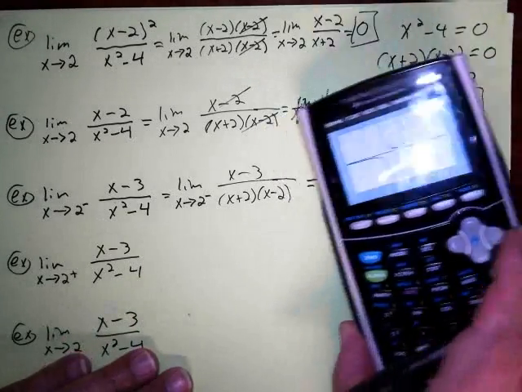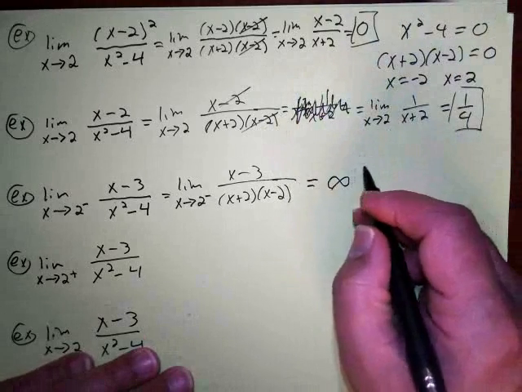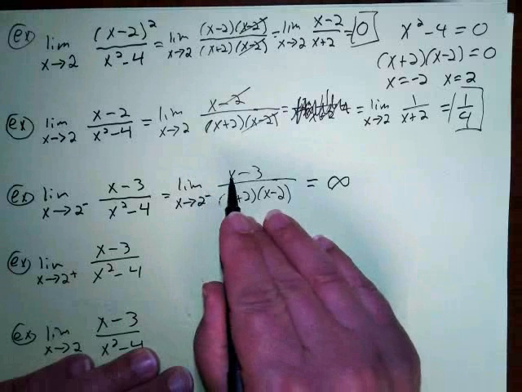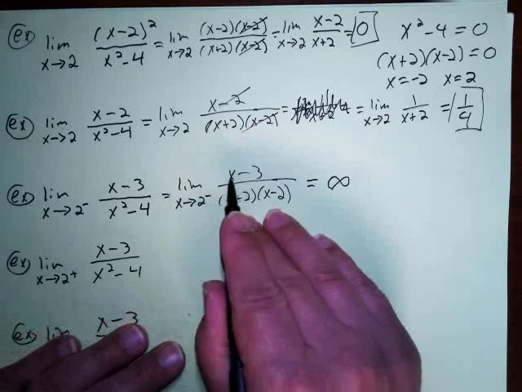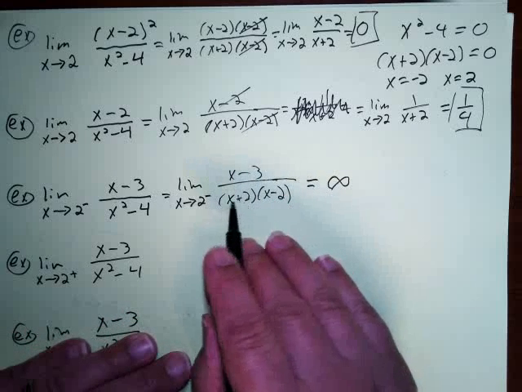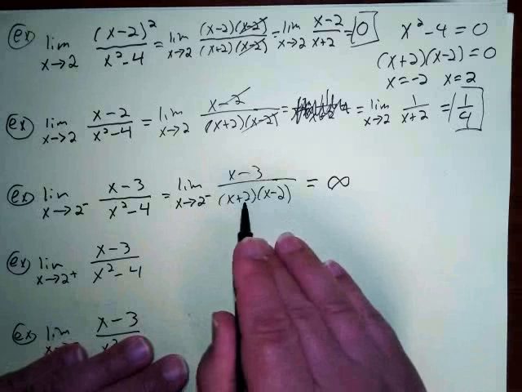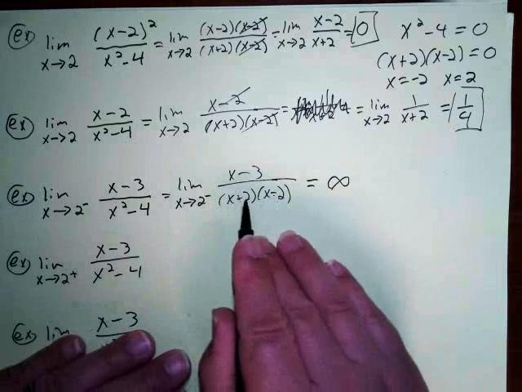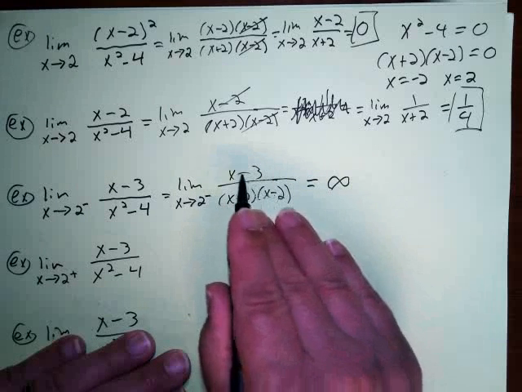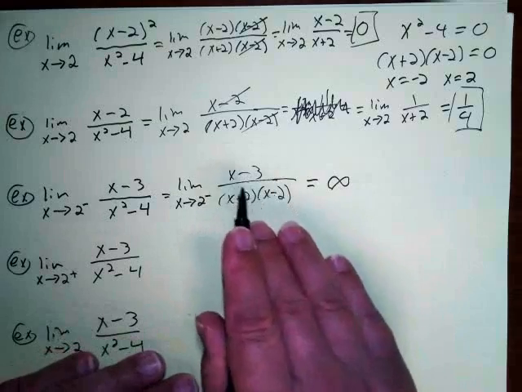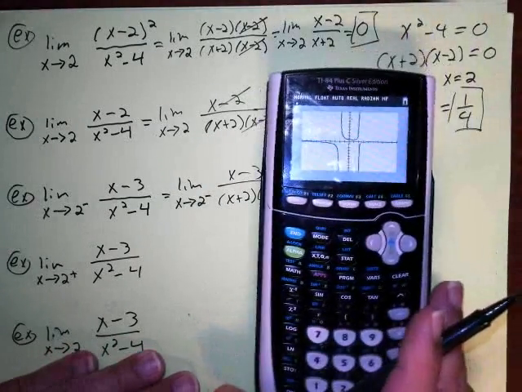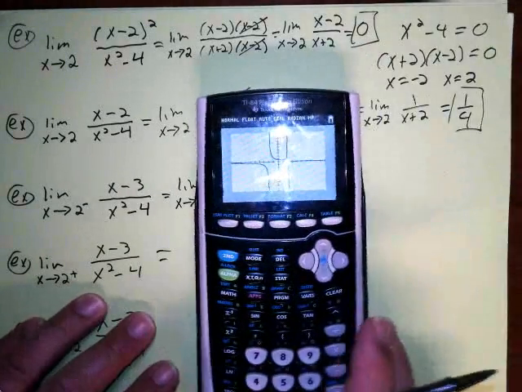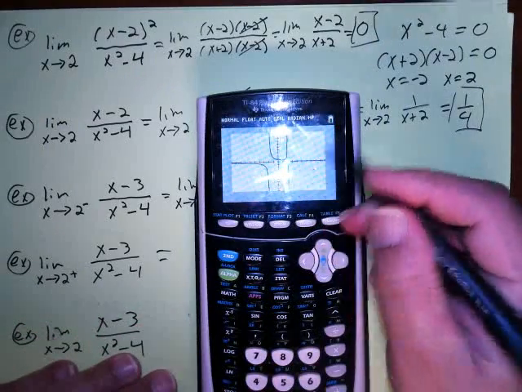So how could you have seen that without the graph? Well, let me try this again. If I approach 2 from the negative side, the x values here are going to be less than 2, and this will be negative. Okay, oh, I see, I wasn't thinking about this term. If I approach 2 from the negative side, this will be positive, but this will be negative. And I'll get a negative over a negative here, which makes it a positive infinity. Okay, but then this one here is approaching 2 from the positive side.